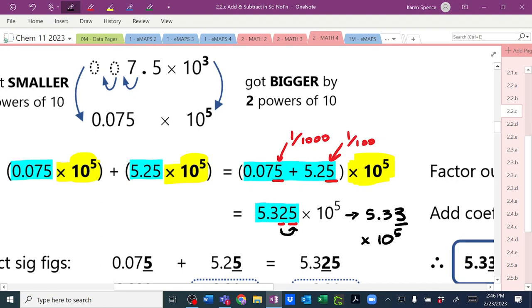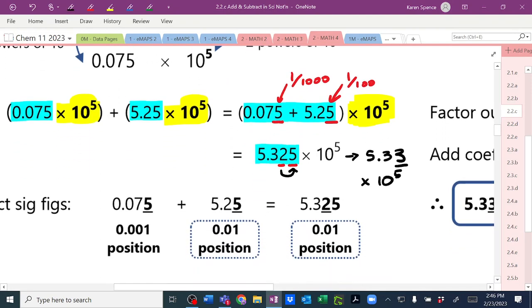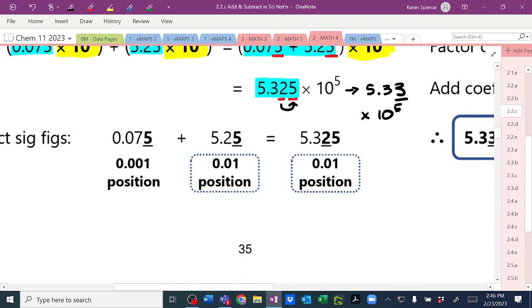Is that good? Okay. You could use decimal places here: 3 decimal places, 2 decimal places, 2 decimal places. But like I said, sometimes that messes people up when you're moving things around later.